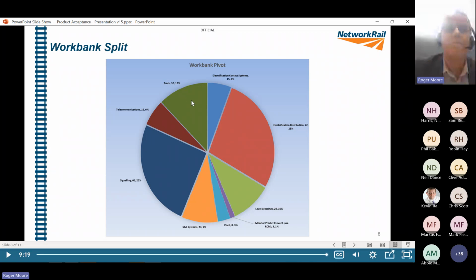Then there's a fair chunk for track, S&C and level crossings, and then not so many for plant and contact systems. The reason we don't have that many plant is because most of the plant applications are dealt with by plant assessment bodies who undertake the role of the lead reviewer on our behalf.